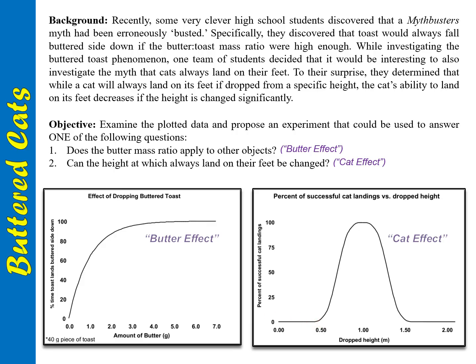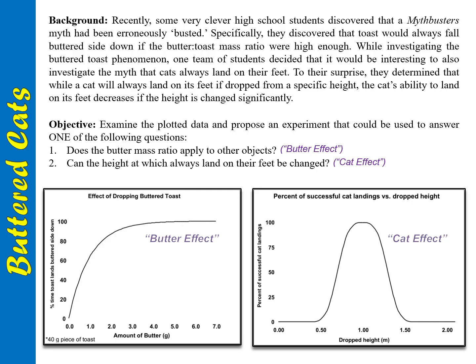All right, so then they are supposed to design their own experiment, come up with their own combination of cat and butter. The example I usually give is if you put enough butter on the cat's head, will it land on its head instead of its feet? Or if you put butter on the cat's feet and you drop it from less than half a meter, will it land on its feet?